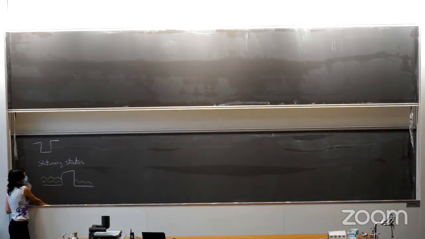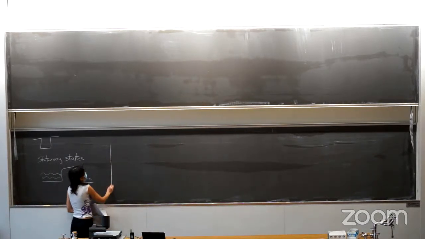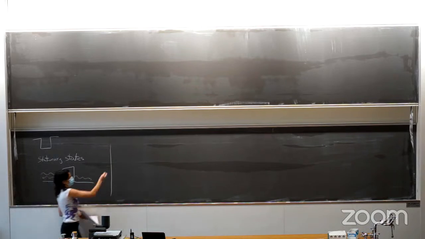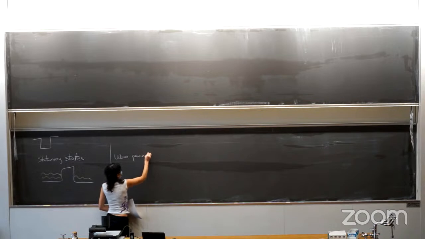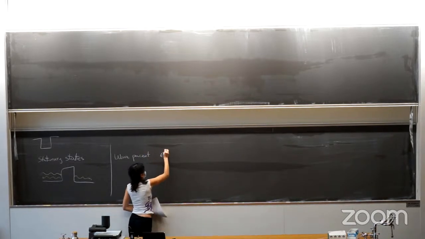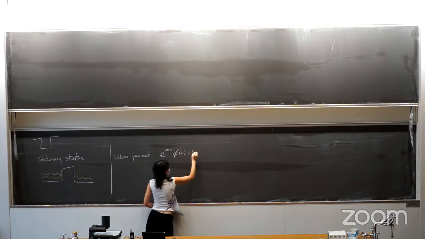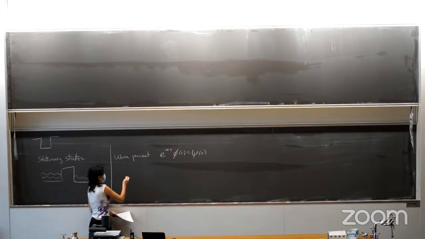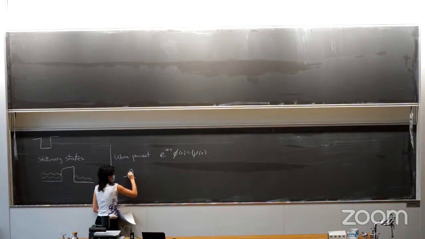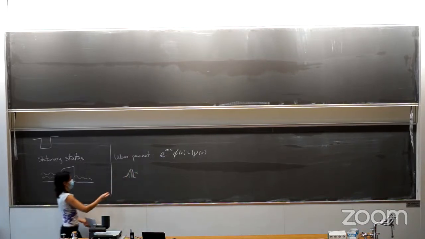So how can we compare this to the situation that we actually have in the lab, which is we prepare something closer to a wave packet, right? So something like this, where this is the envelope function, so it looks more like a real particle going there, right?